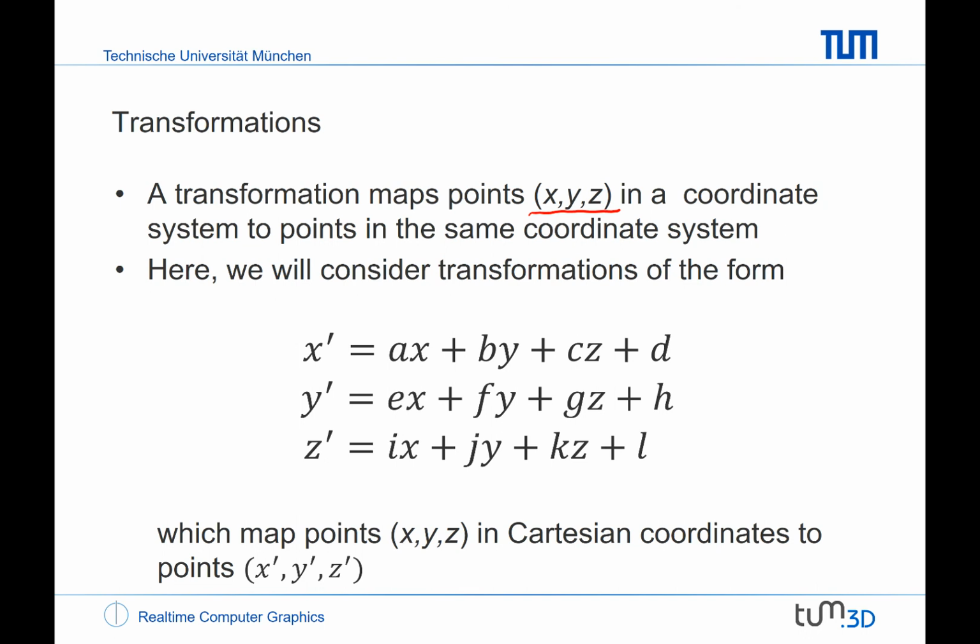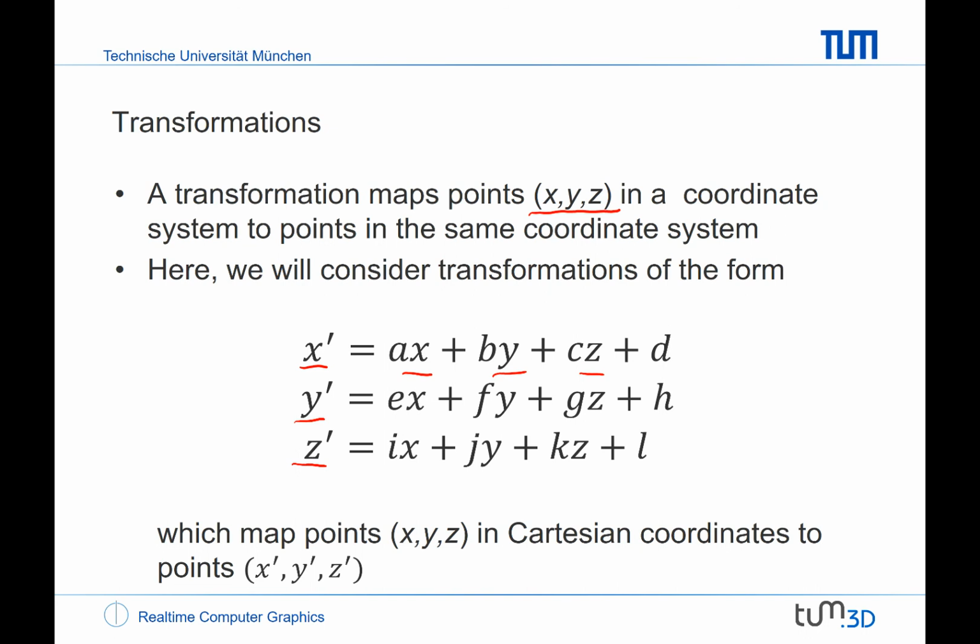In particular, we will consider here transformations of the following form. We have the initial vertex coordinates, and then we compute the transformed coordinates: for the x component x prime, for the y component y prime, for the z component z prime. You see here the type of transformations we apply. These a, b, c, d until l are just constants.